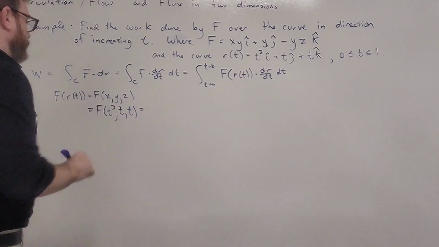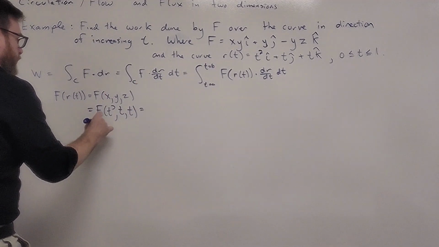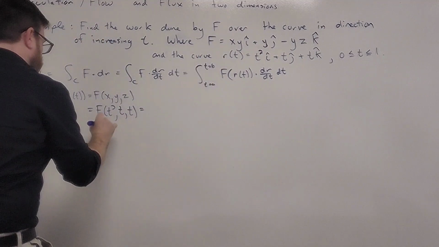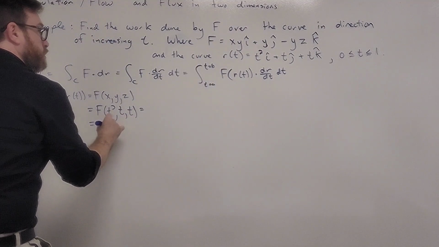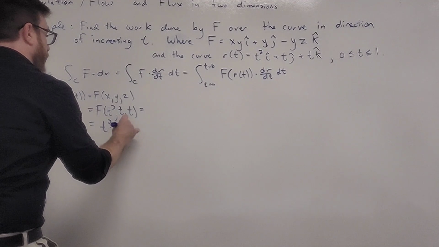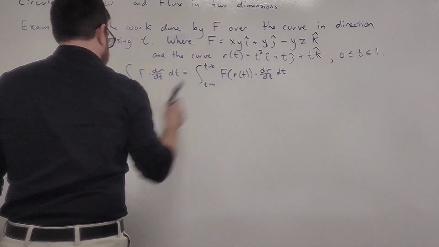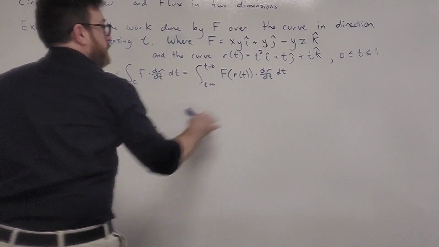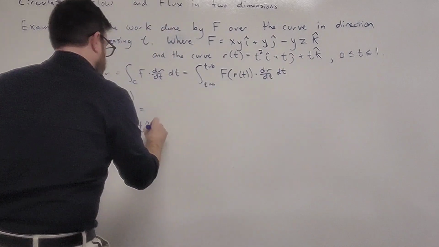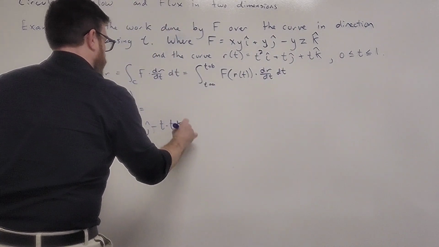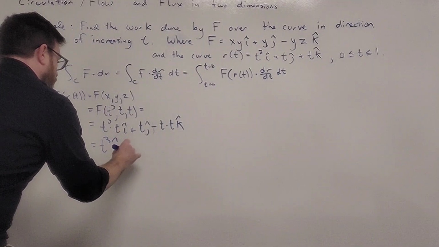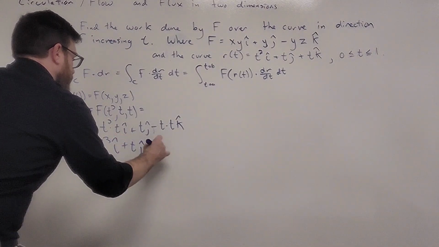So plugging in the appropriate values, x is t squared, y is t, so this is t squared times t in the i direction, plus y, which is t, so this is t j, minus yz, so y being t, z being t, minus t times t in the k direction. So we have t cubed i plus t j minus t squared k.